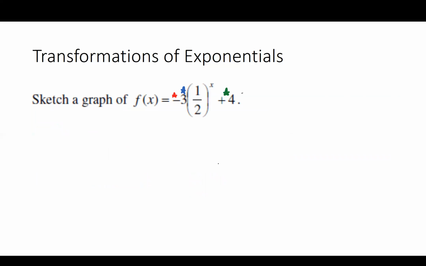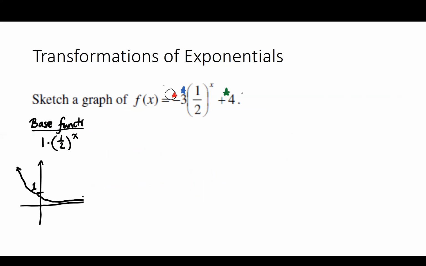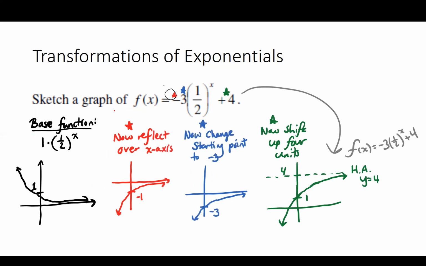The negative, my little red star. What that means is we start with our base function, and we're going to reflect it over the x-axis. Sorry about that, I stacked these in a weird way. So the first thing I did was I reflected it over the x-axis because this is negative.